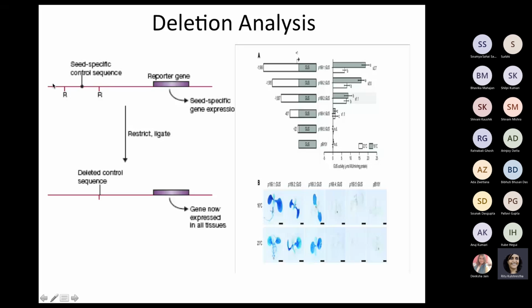So what I do is, I clone the whole promoter upstream of the reporter, and in one case I remove that particular region. I can do that by deletion analysis. I need to find certain enzyme sites which are flanking this particular region and then just religate it. So now if this stretch does not show any seed specific expression, I can be sure that the region for seed specific expression lies here. I can conclude that, because deletion of this leads to expression of that gene in all tissues and not specifically in seed.